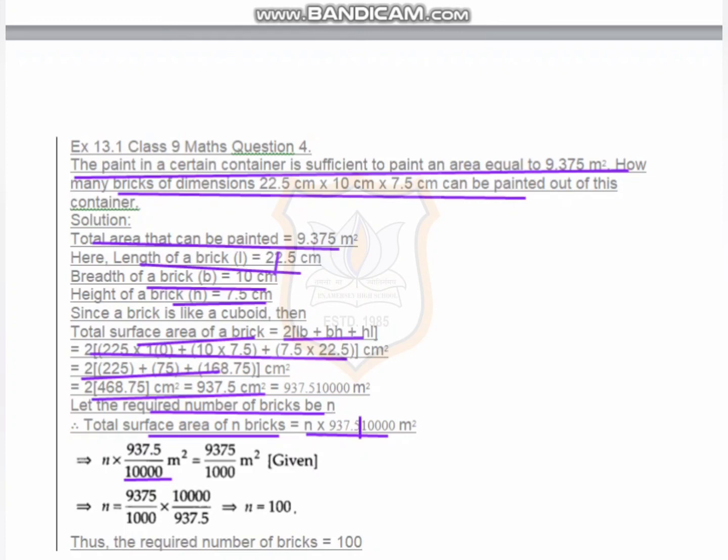By solving this, three zeros are cancelled out between 1000 and 10,000, so 10 remains. One 10 is here, another 10 is here, so n equals 100. The required number of bricks is 100.